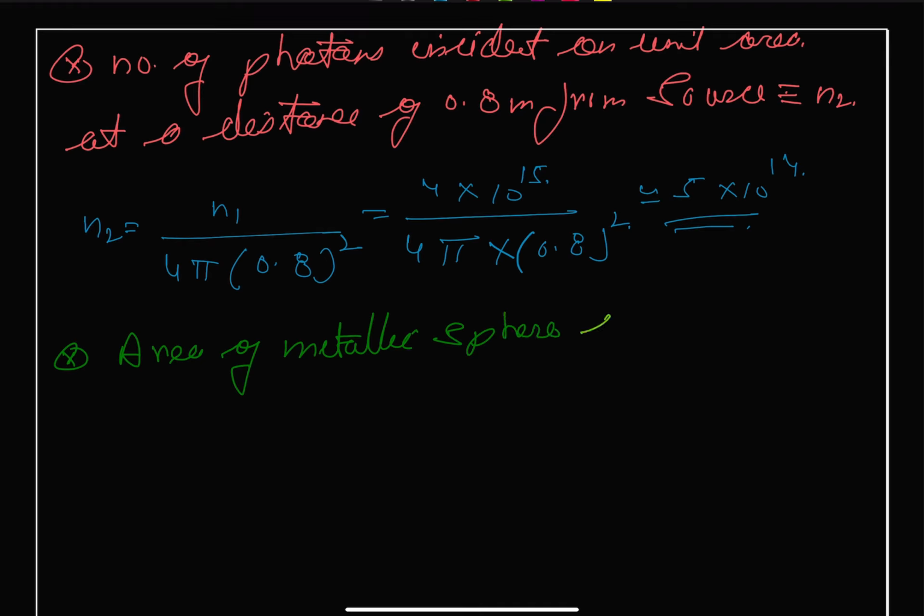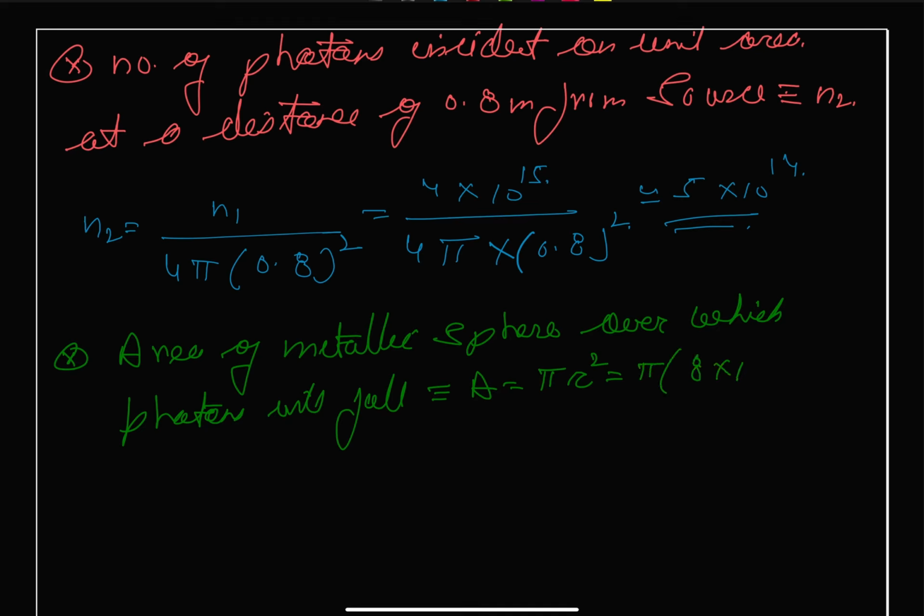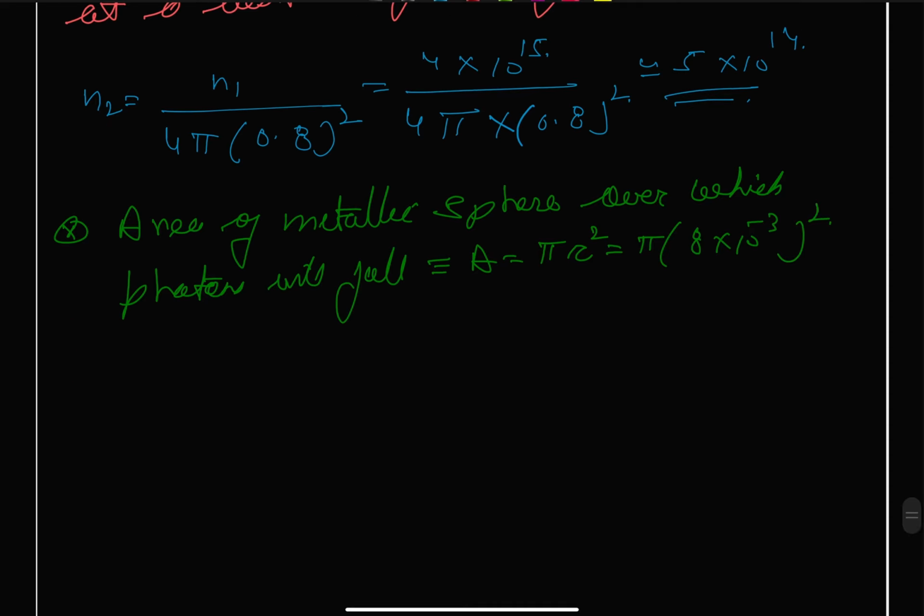Let us call that area A, which will be equal to pi r square. So this comes as pi, radius is about 8 into 10 to the power minus 3 whole square, and we get this area is approximately equal to 2.01 into 10 to the power minus 4 meter square.